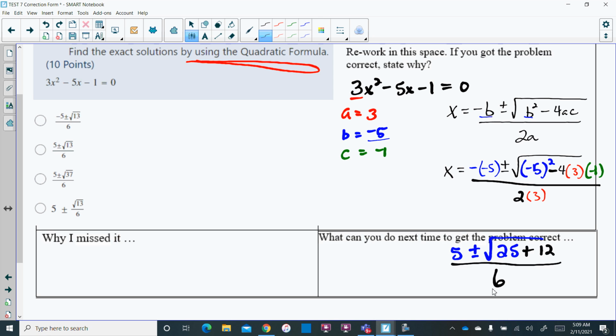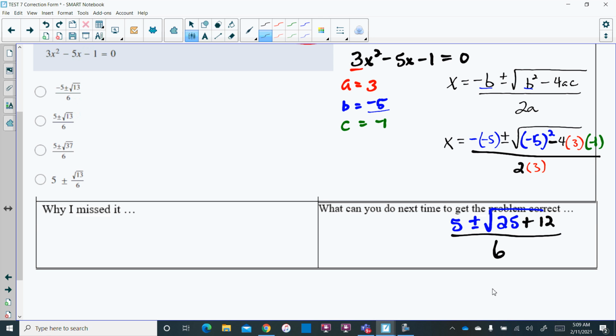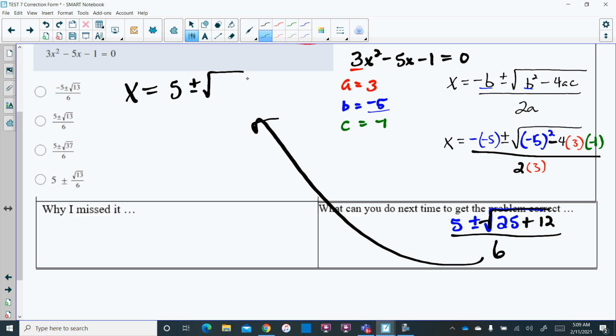Okay. So now we need to do what's underneath the radical first. So when we do that, I'm going to come over here to the side. Our x equals 5 plus or minus the square root of 37 all over 6. And now we got to our answer choices.